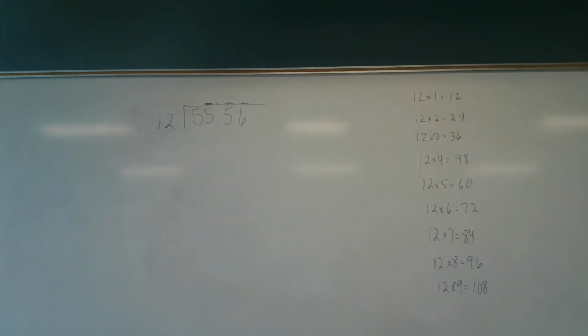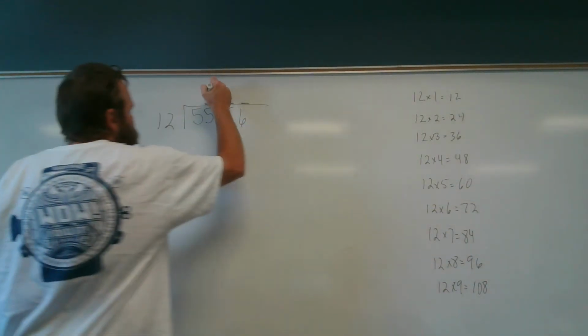So Celise, how many times does 12 go into 55? 4 times. I look here. 12, 24, 36, 48, 60, 72. 72 is too big. 48 is as close as I can get without going over. So it's 4 times.